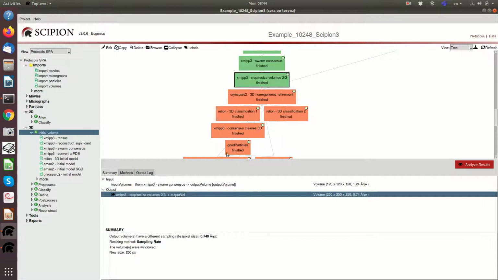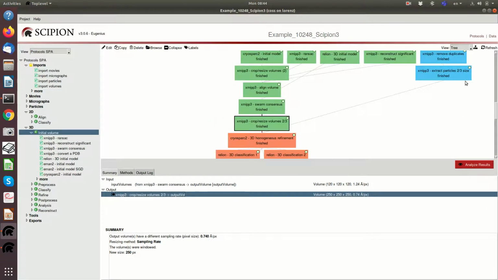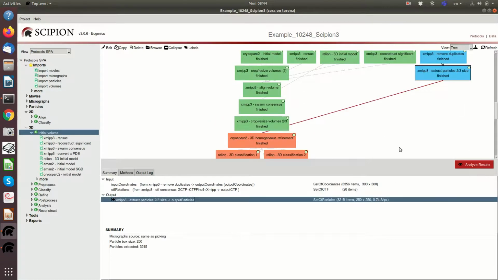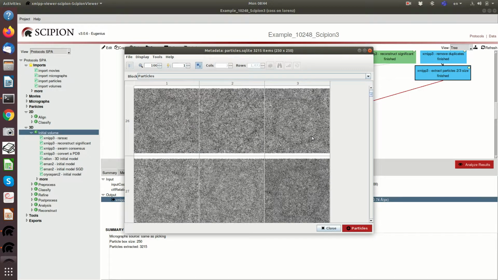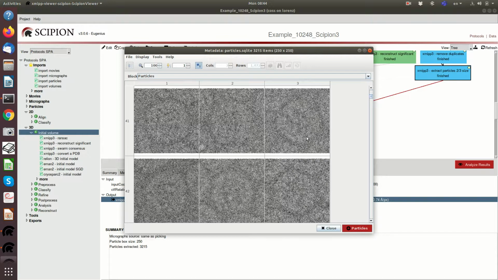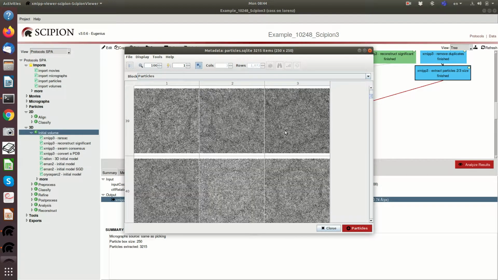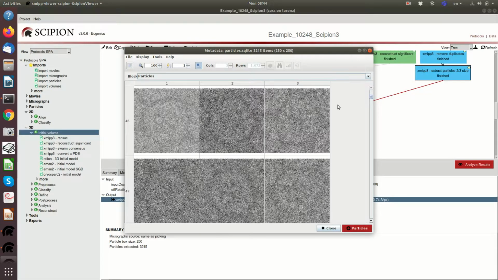the point is that we have an initial volume, we have a set of particles of that size, and we have inverted the contrast so that the particle looks white on a darker background.